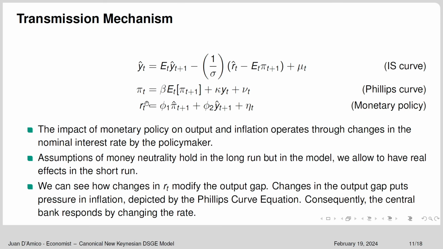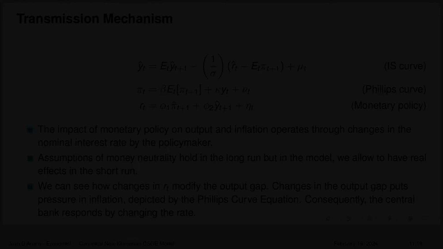So when the central bank changes R, we can see right away that it is going to have an impact on the IS curve, and the IS curve is going to have an impact on the pressure that it puts on prices through the Phillips curve. Consequently then, the central bank is going to respond by changing the rate. So anytime that there is, for example, a shock in demand, it is going to put pressure on prices, and consequently, the central bank is going to be modifying the interest rate.